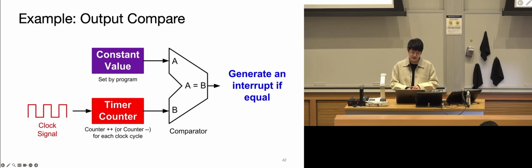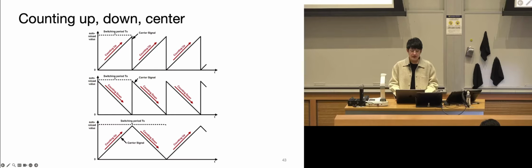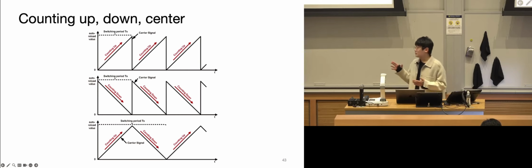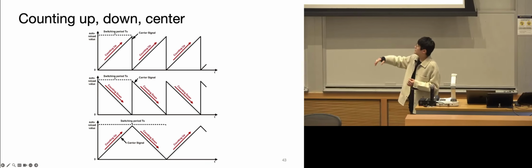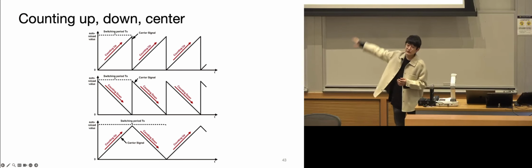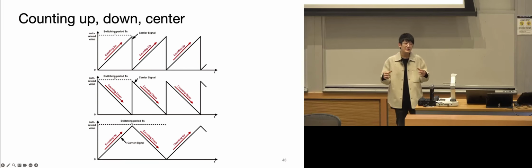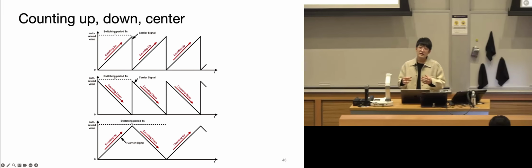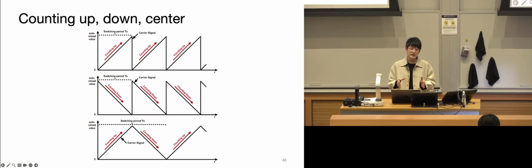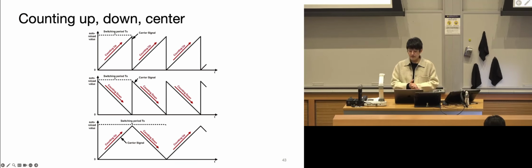So yeah, this is just another view for the CCR. And for the counters specifically, you have different ways of counting. You can count up or count down, as well as count up and down. In this case, you essentially get double the amount of values you are able to count based on the same amount of bits you have.